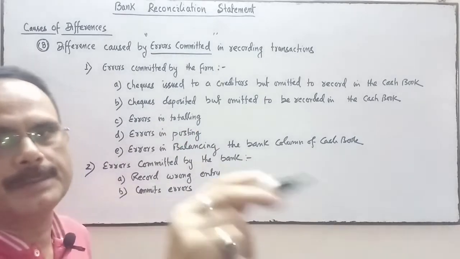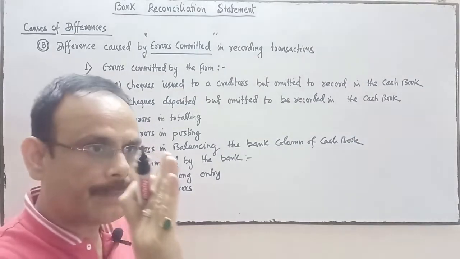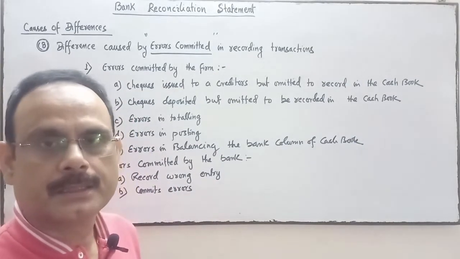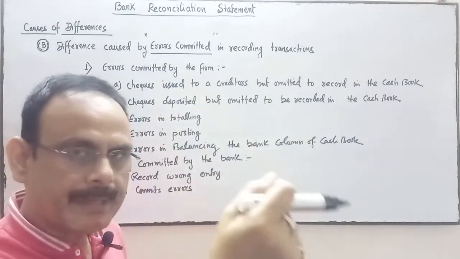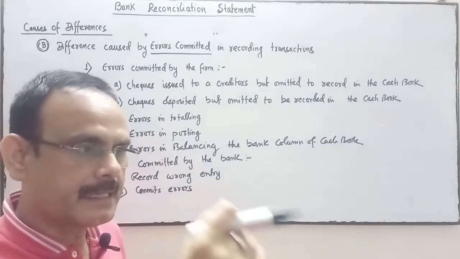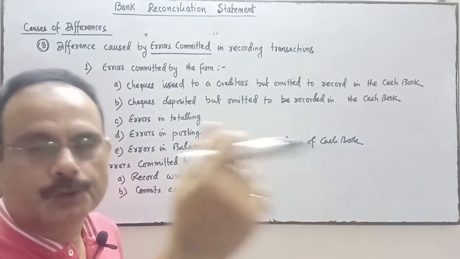Here the error is committed in recording the transactions. Now the error is committed either by our accountant, by the business, or by the bank. So an error is committed in the cash book by our accountant, or an error is committed in the passbook by the bank. So you have to see.